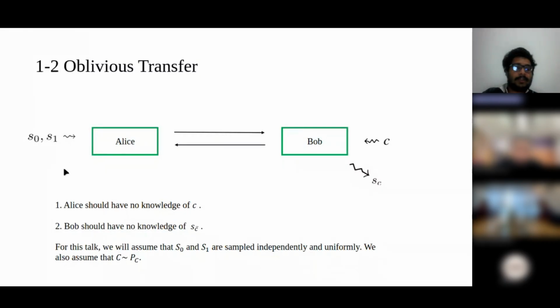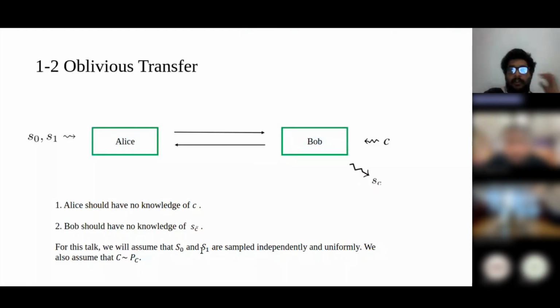It is well known that there's a reduction from OT to RAND OT. So for this talk, we assume that S0 and S1 are sampled independently and uniformly at random, because the protocol will be generating them internally. And C can come from any distribution, which we'll denote by P sub C.